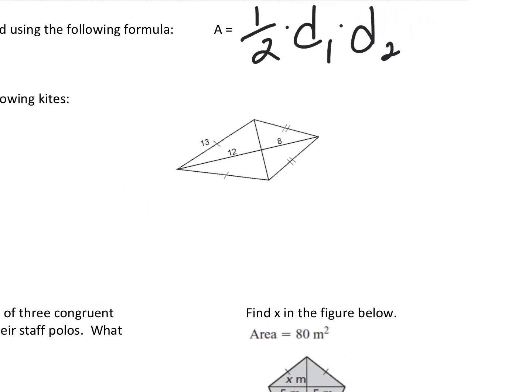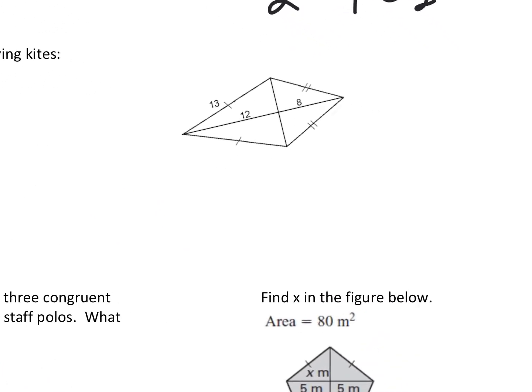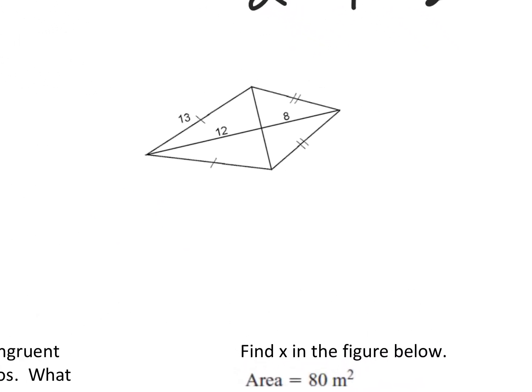All right, let's look at this one. This one doesn't give us the second diagonal, but we do have the Pythagorean Theorem that we can use because of this right triangle. Because we're looking for a leg, we have our c squared equals a squared plus b squared. 13 squared equals 12 squared plus b squared. So we'll call this our b.